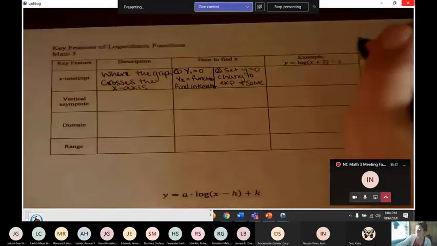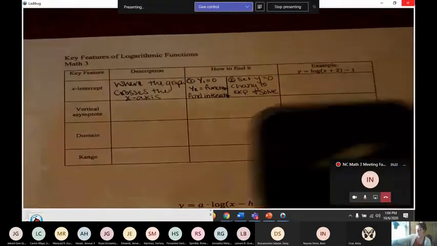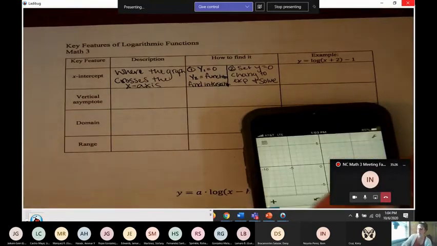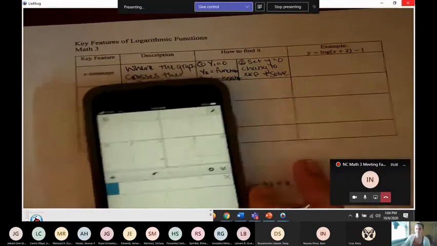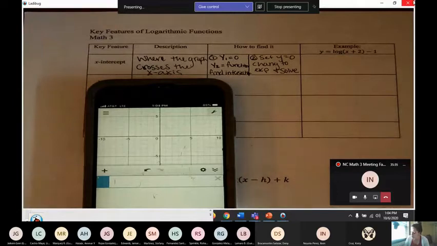So an example here, I'll show you on the calculator. You just type in the log base 10 of x plus 2 minus 1.